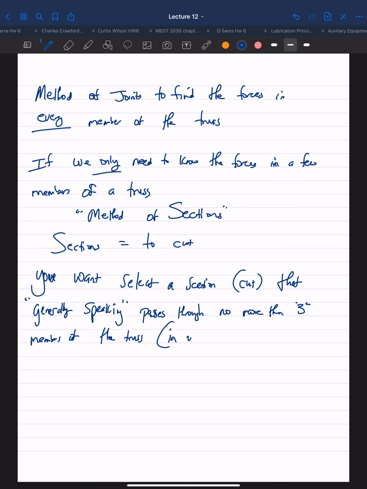And I mean in which the forces are unknown. So cut through at most 3 unknown members. So we can use our equations of equilibrium. Sum of forces x direction equals 0. Sum of forces y direction equals 0. And the sum of all your moments equals 0.